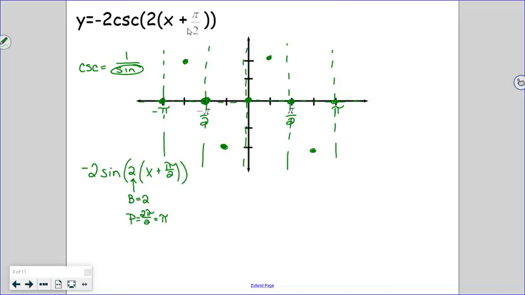The amplitude is shown in the distance our dots are from the midline here, so we don't have to change anything about how you draw in your parabolas. You've already shown the amplitude by putting those dots 2 away from your midline instead of 1 away from your midline. Question?